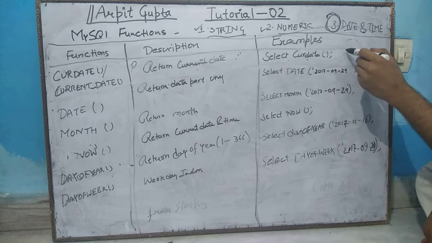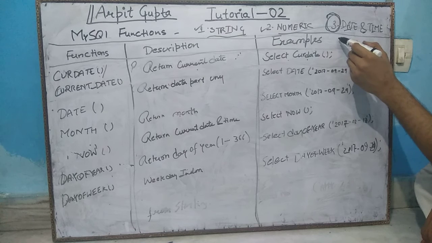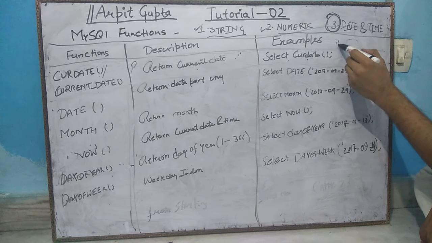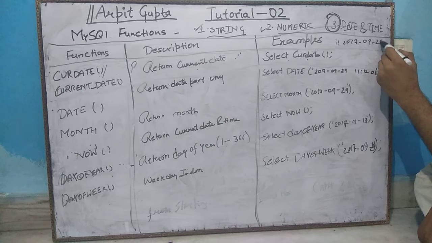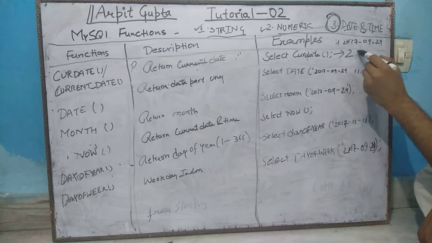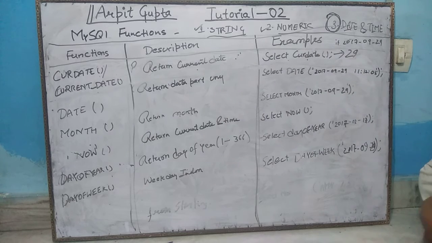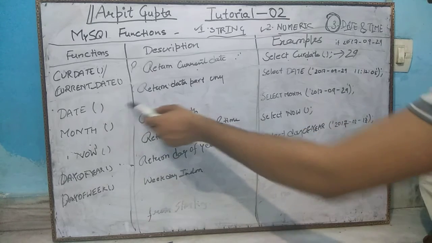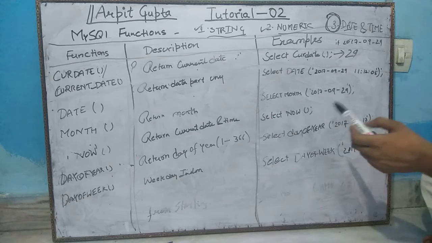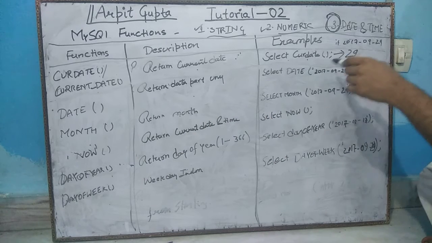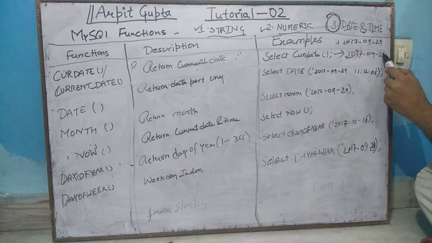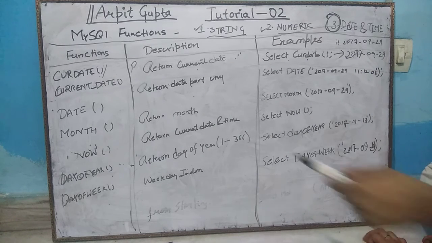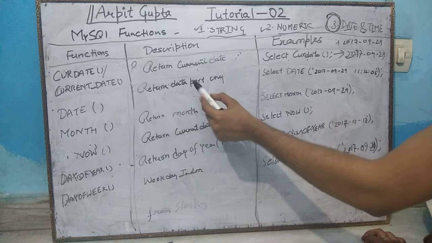If the date in your system is 2017 09 29, it returns 2017 09 29 in full. In date it returns the date part only.